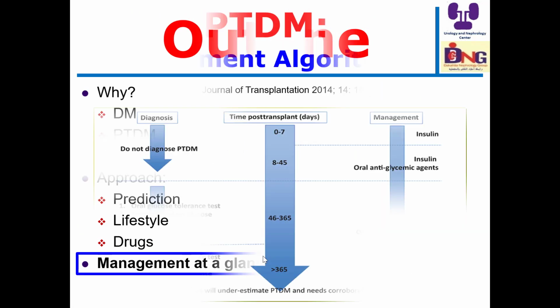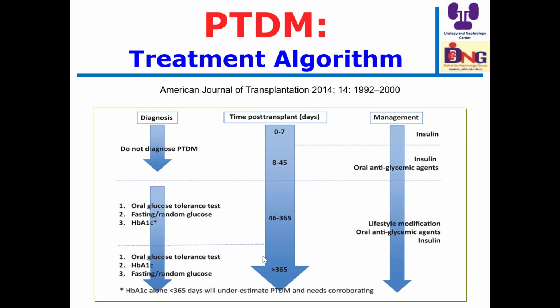Regarding the management at a glance, again, to diagnose, we should monitor glycemic state. A1C is not enough for diagnosis of post-transplant diabetes within the first year. And if hyperglycemia is early, in the first 6 weeks, we should consider it as transient hyperglycemia, and diabetes if it persists.